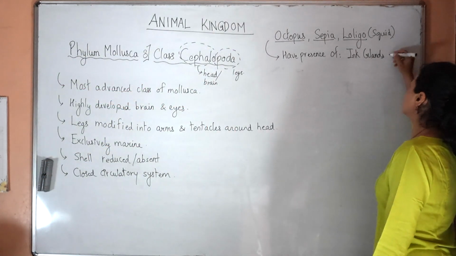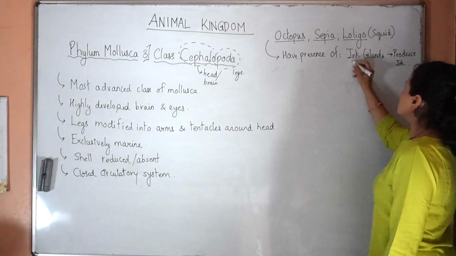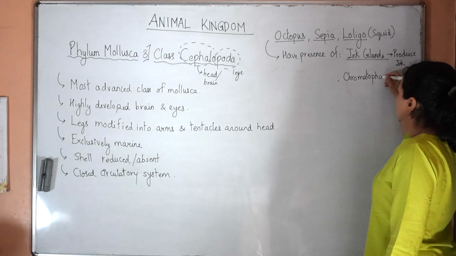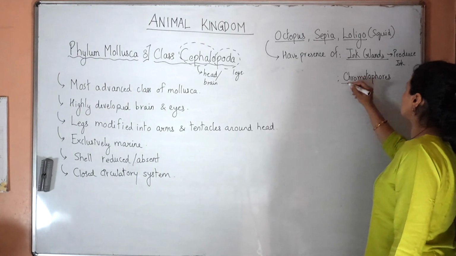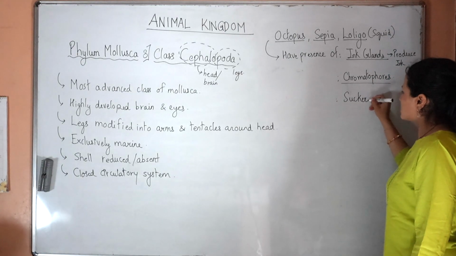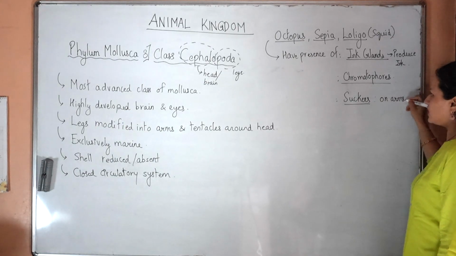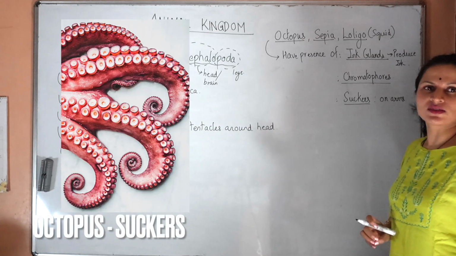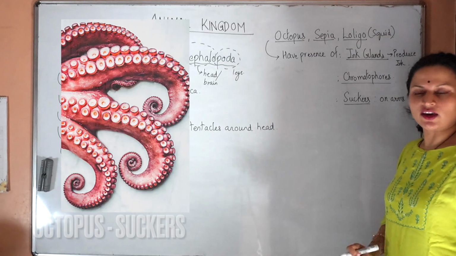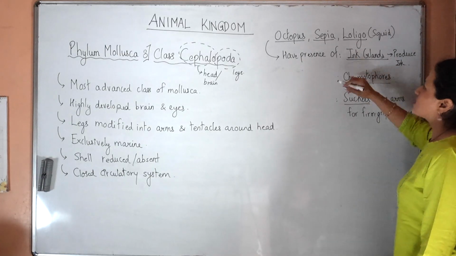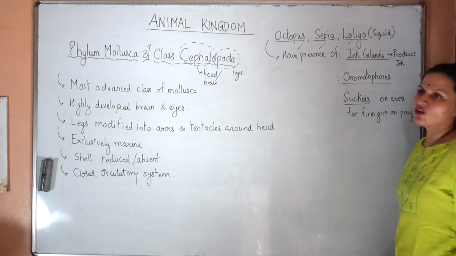These three organisms also have chromatophores, which help them in camouflage by changing colors. They also have suckers on arms and tentacles. These are round muscular disc-like structures on their arms for a firm grip on prey. So these three features are present in octopus, sepia and Loligo.